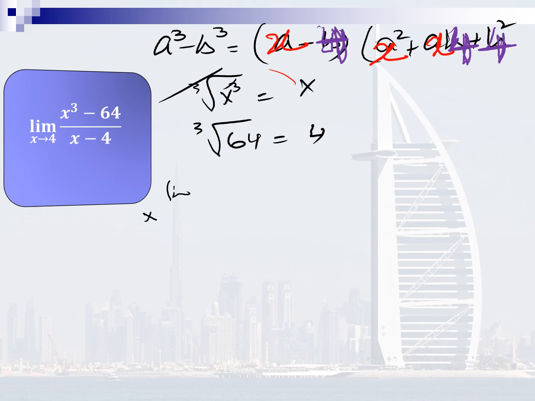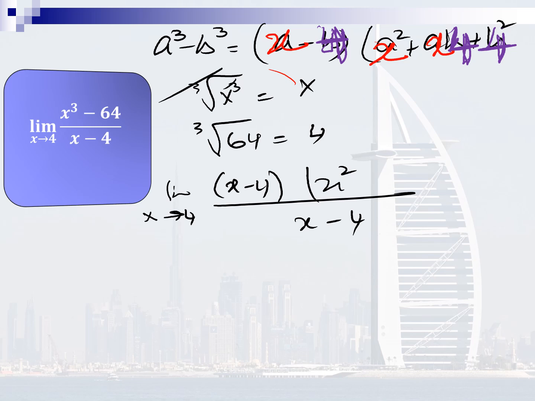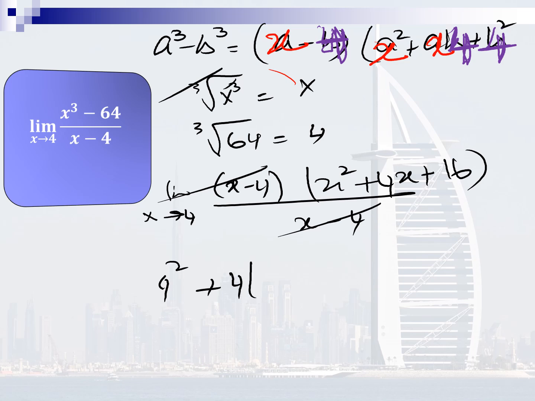Limit x approaches 4. The denominator stays as it is, and the numerator on top is x minus 4 times x square plus 4x plus 16. The x minus 4 cancels, then apply the limit, so it will be 4 square plus 4 times 4 plus 16.